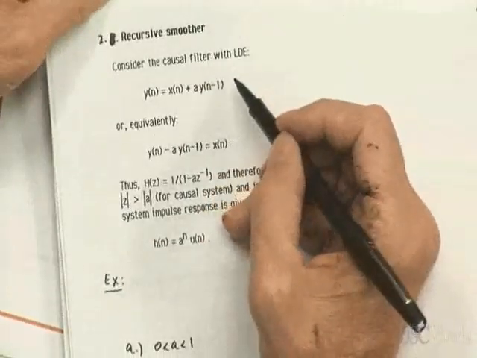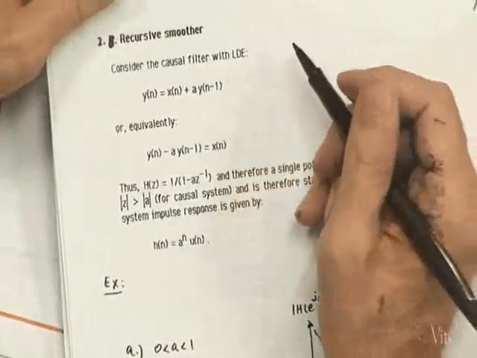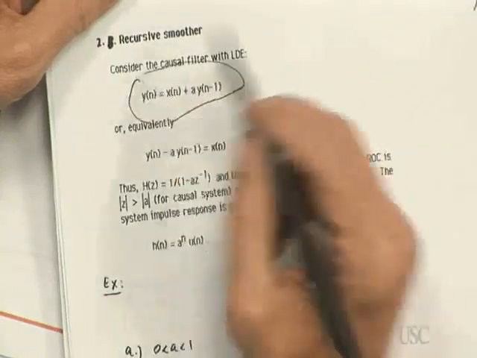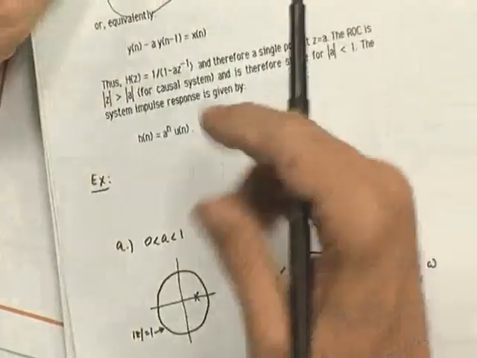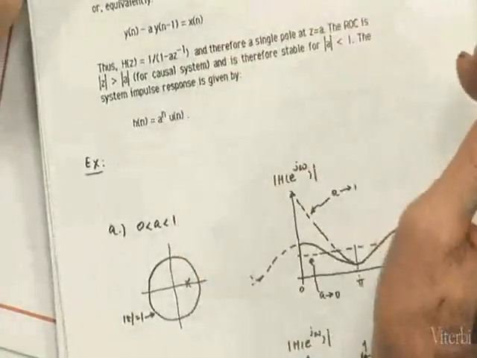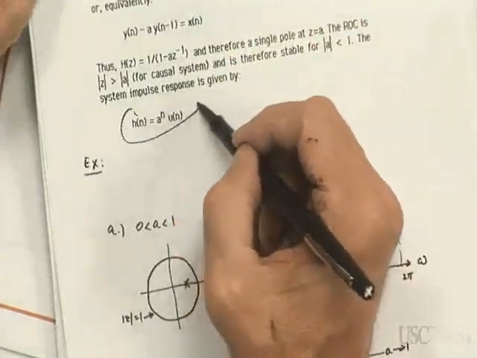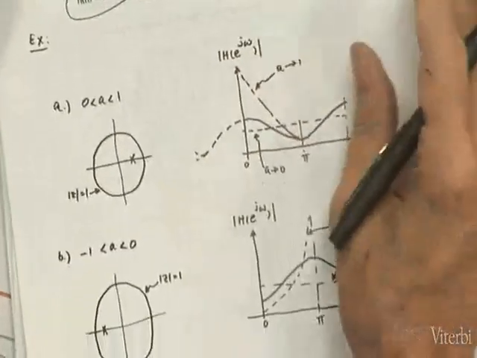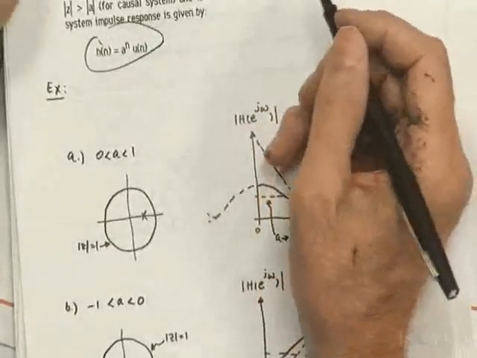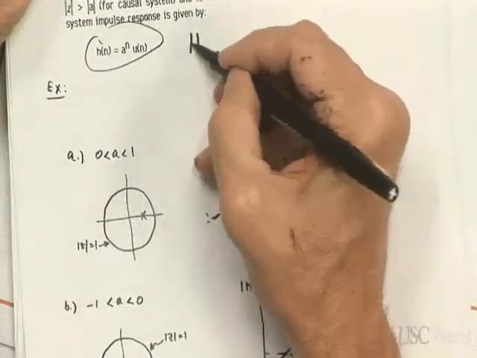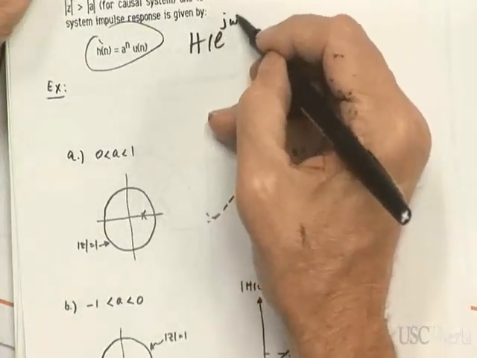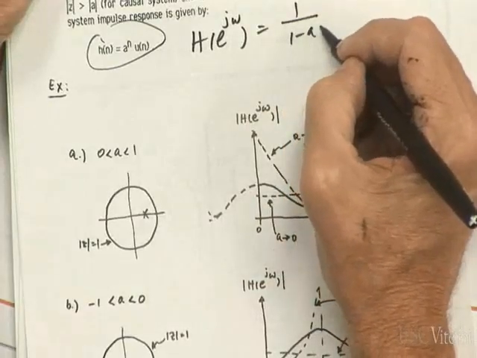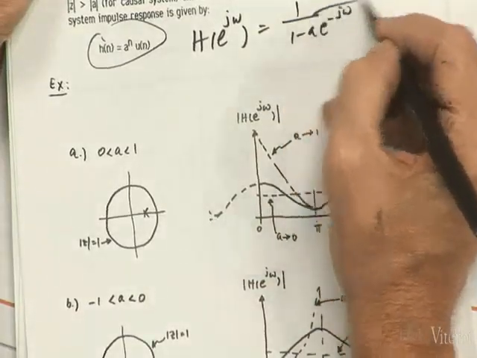In this example, this is also a low-pass filter, but the difference equation here is very simple. And we've already seen this. Assuming it's causal, we know what the impulse response is. It's this, and therefore we know what the frequency response is: H of e to the j omega is equal to 1 over 1 minus a times e to the minus j omega.